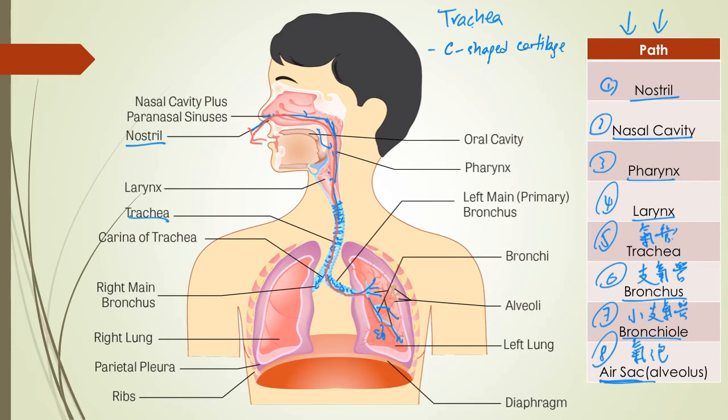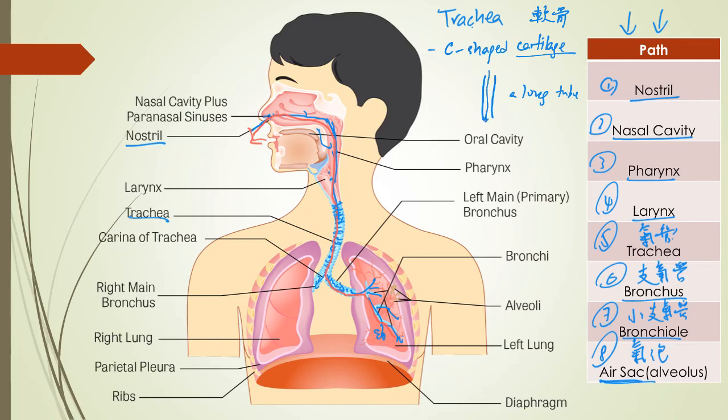Cartilage here means soft bones. This cartilage is very important. First of all, the trachea is something like this. It's a long tube. So we breathe in and breathe out air using the same tube.